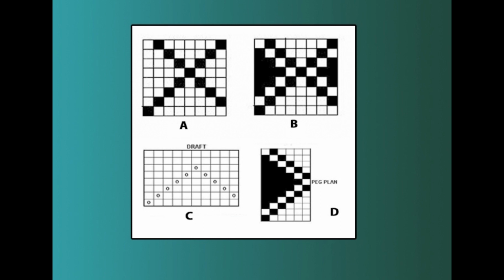Then it is shown in figure B, and the draft C and also the lifting plan D are produced in the usual manner. But due to the method of designing, only 5 shafts are required to produce the 8-end weave, so we can save on the shafts, and only 5 shafts can be utilized here.